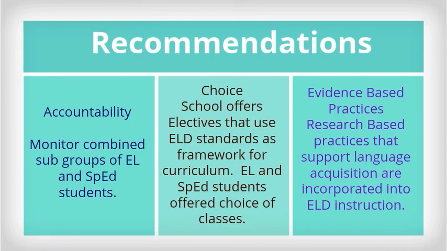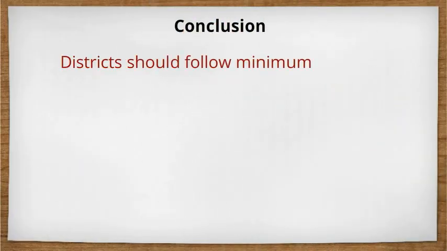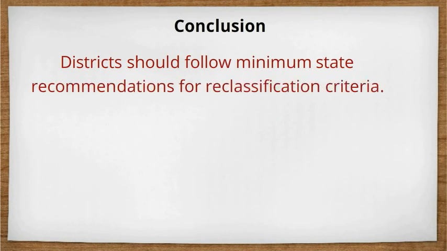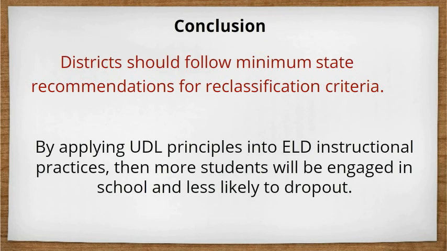That choice is offered to students through electives, and these electives use evidence-based practices that support English language acquisition for EL students. Districts should follow the minimum state recommendations for reclassification criteria, and by applying UDL principles into ELD instruction practices, more students will be engaged in school and less likely to drop out.